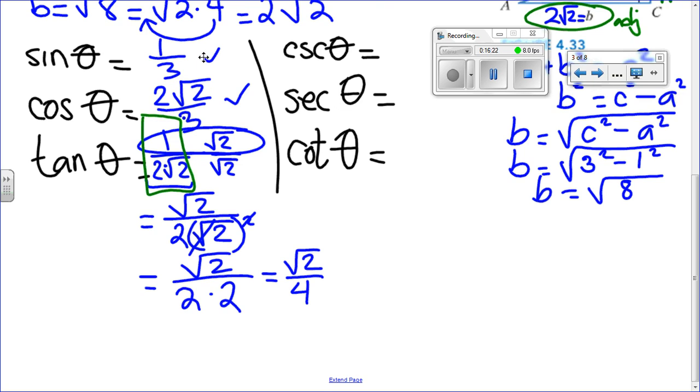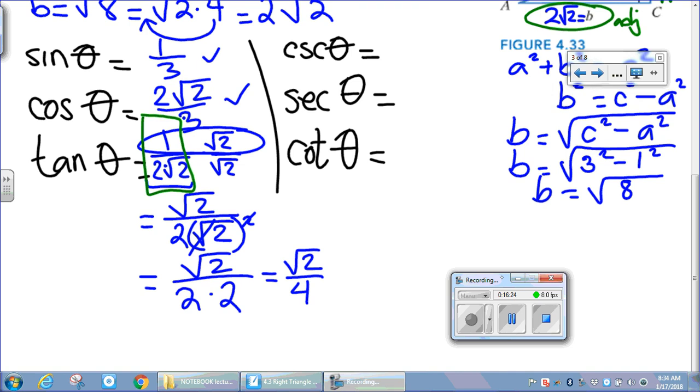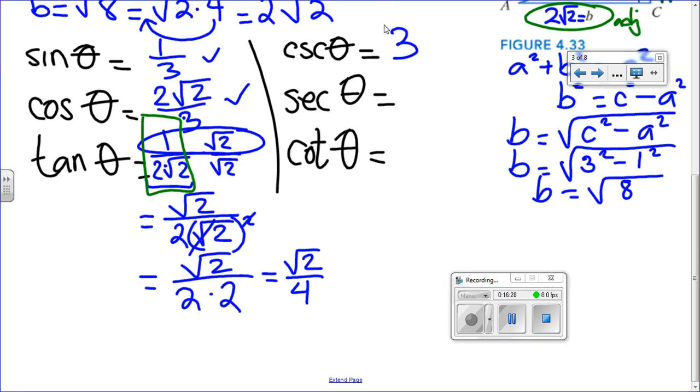Who's going to give me cosecant? Nathan: 3 over 1, or 3. Very good. Secant? Someone who doesn't have a card has to give me the answer.